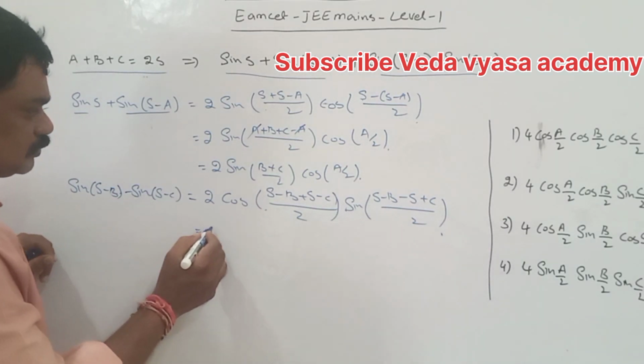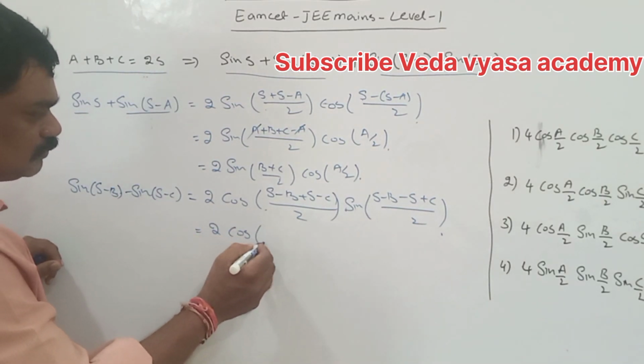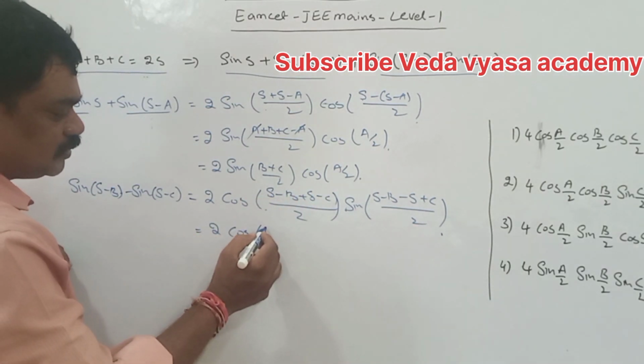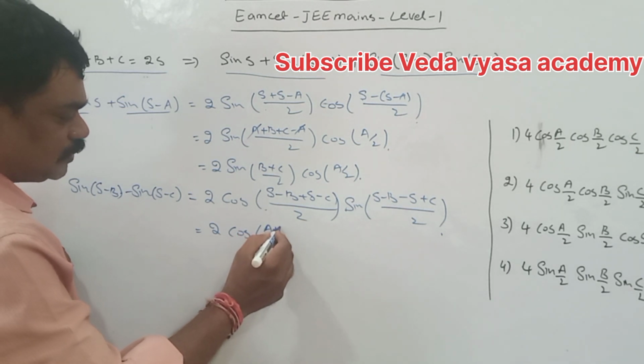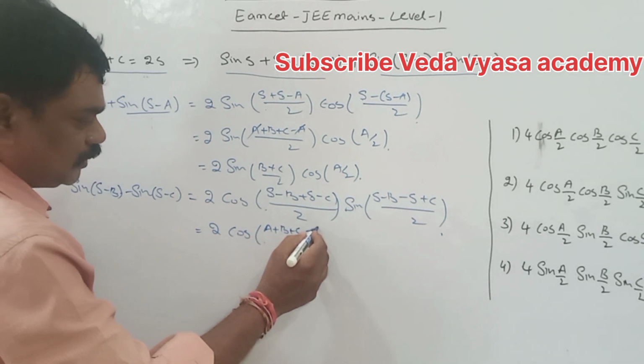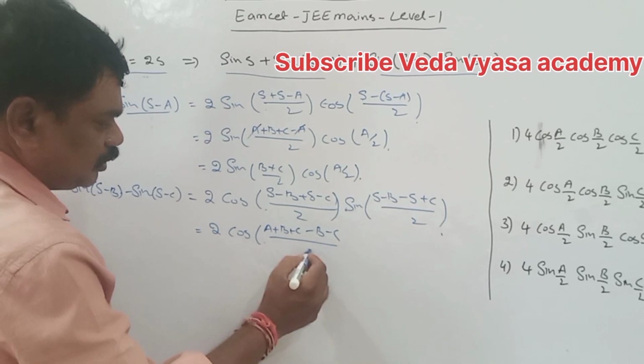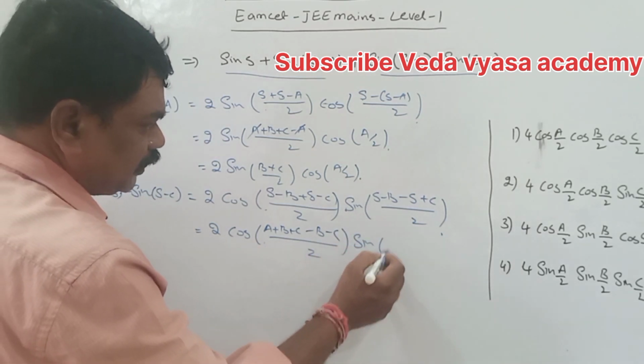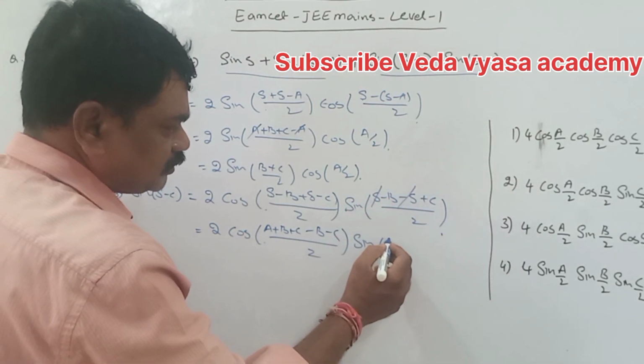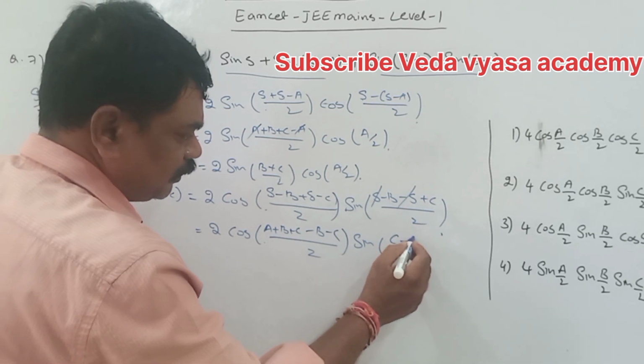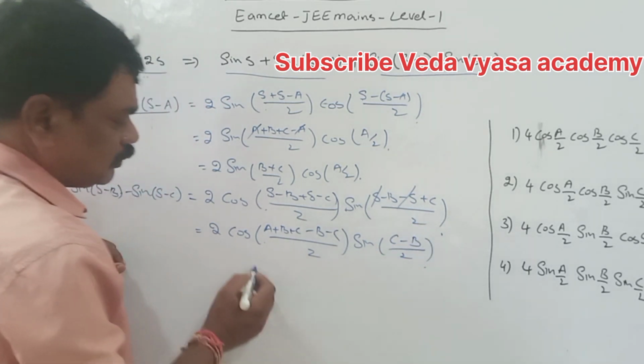So 2 into cos of (s plus s), that is 2s, which means a plus b plus c minus b minus c, by 2 into sin of s minus s cancels, giving (c minus b)/2.